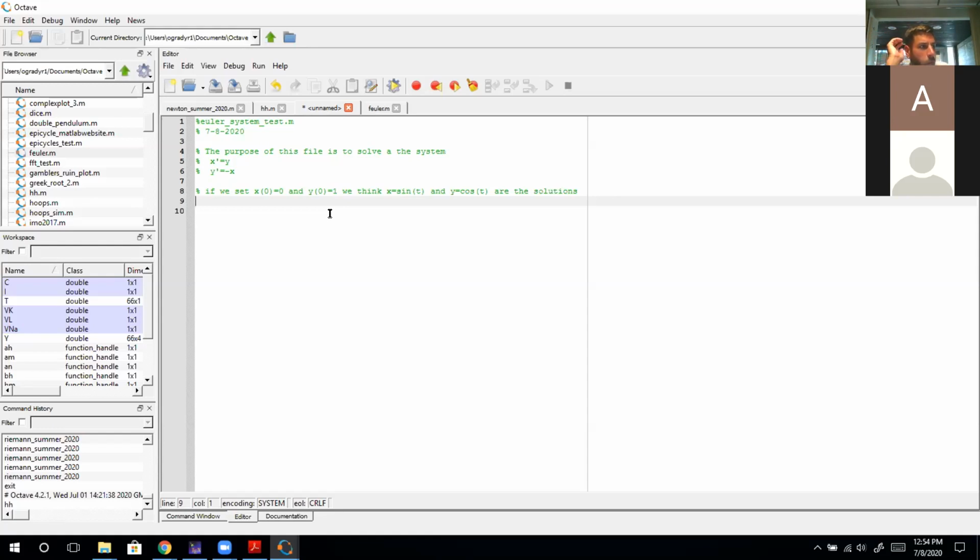So what should x prime be? Well, x prime is the cosine, and we know that at 0 that should be 1. Any questions about this so far?